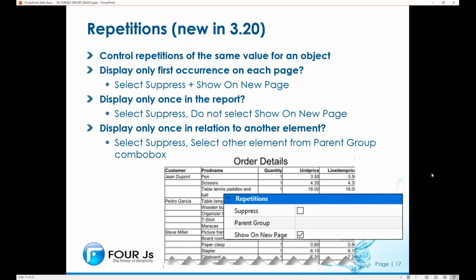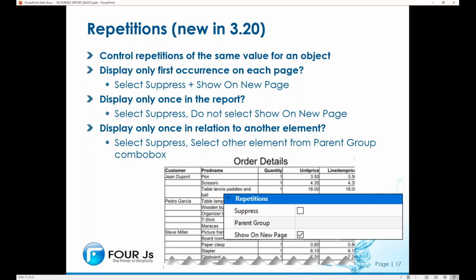Something new in 3.20 deals with the idea of the table. If you have a table object out there, we have this thing called repetitions. Repetition says, if I'm going to have the same data value repeated from one row to the next row, do I want it to be suppressed, or do I want it to continue to display?